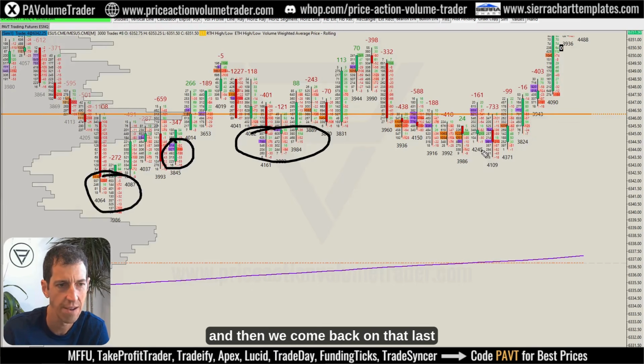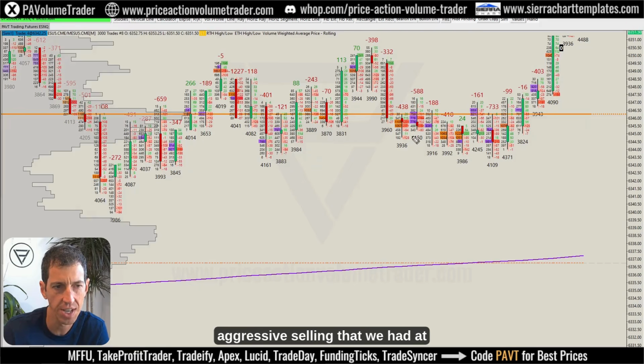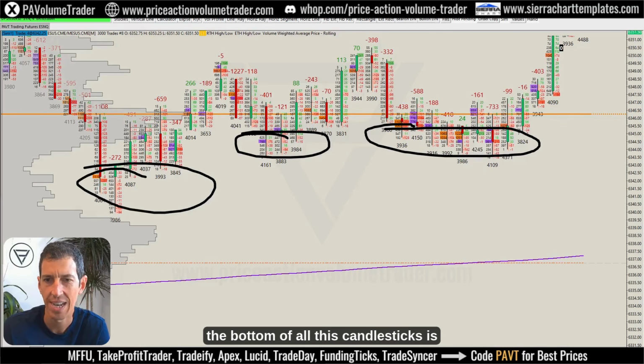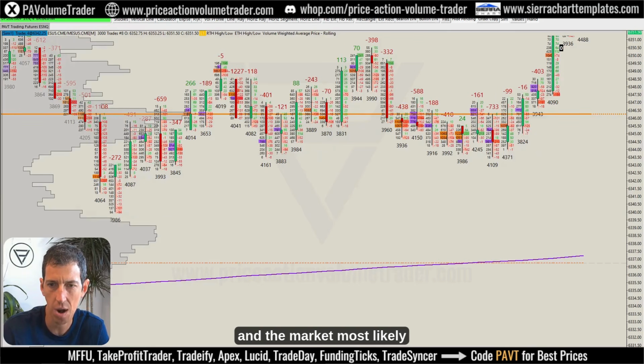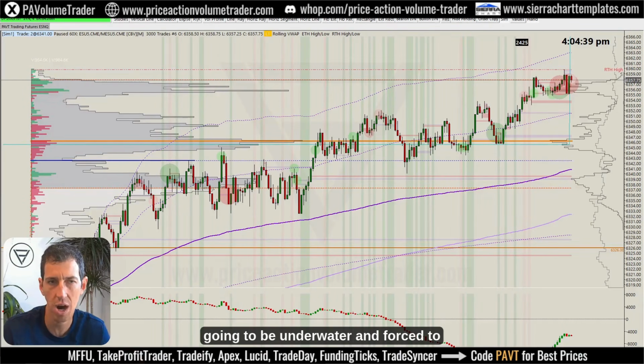Okay, so you can see high volumes here on the purple highlights, medium high volumes, all aggressive selling at the bottom of these wicks. And then we come back on that last attempt, and same thing we saw on the previous example. We start getting a bunch of divergence candles to the upside on that breakout, and all this aggressive selling that we had at the bottom of all these candlesticks is going to be a sign that we're getting trapped sellers, and the market most likely is going to squeeze up to the upside, and they're going to be underwater and forced to liquidate all their positions.